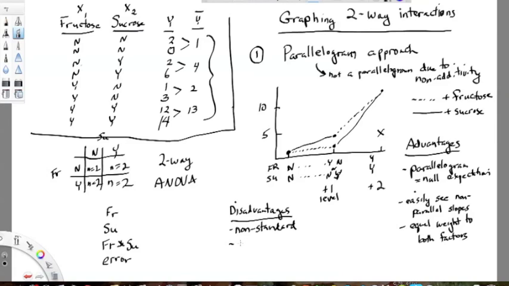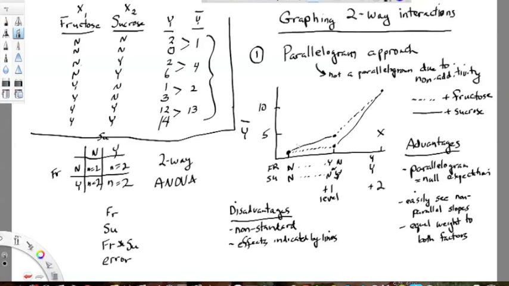Now, effects are in fact indicated by lines. And that kind of a line is suggesting that we know something about the values of our y bar, right? We're going to plot y bar.